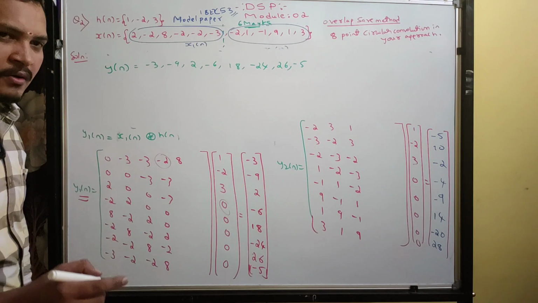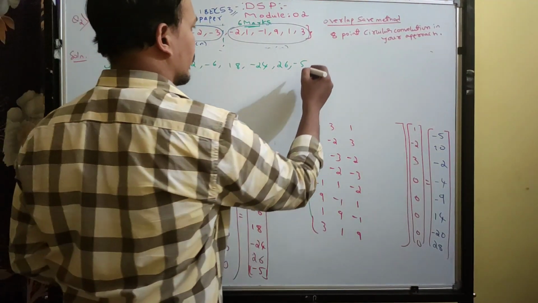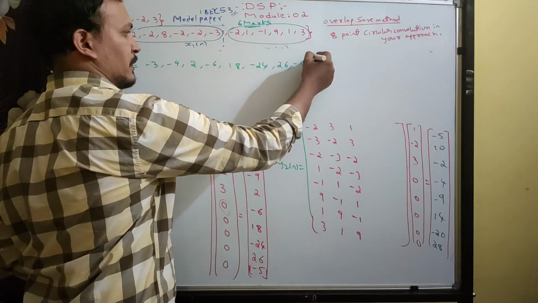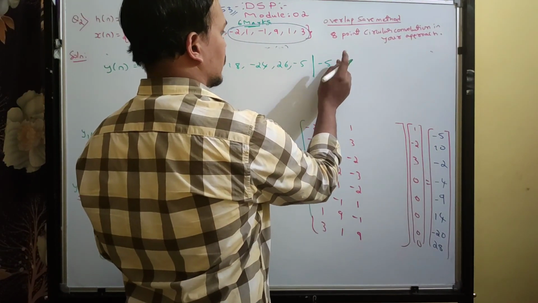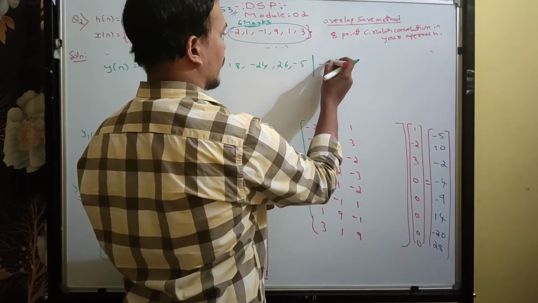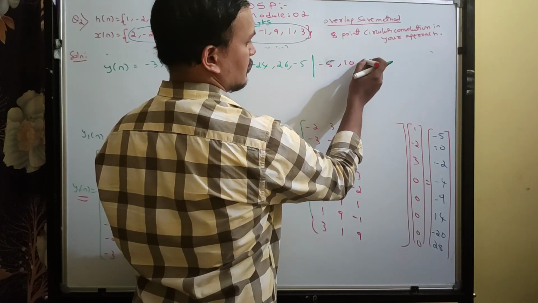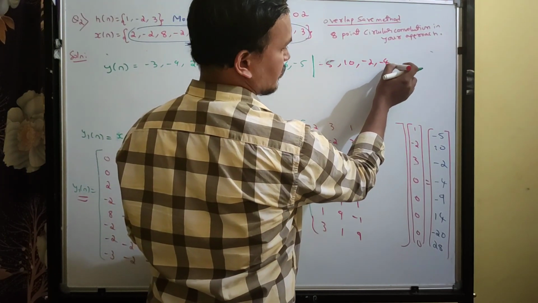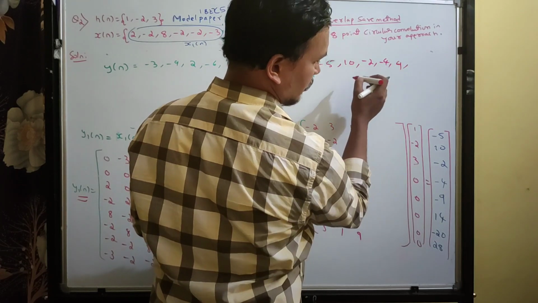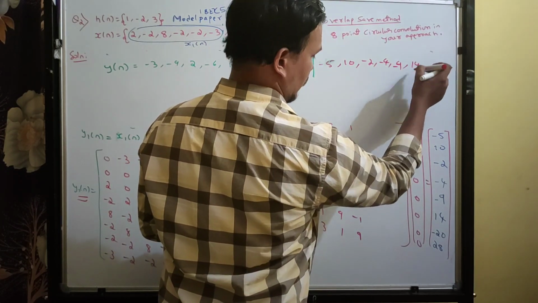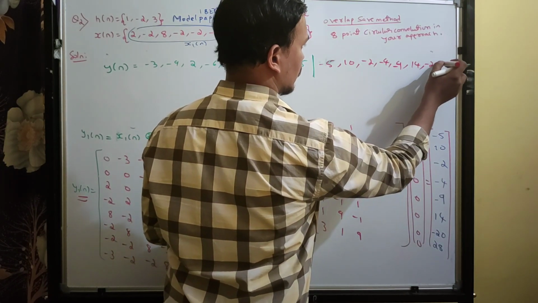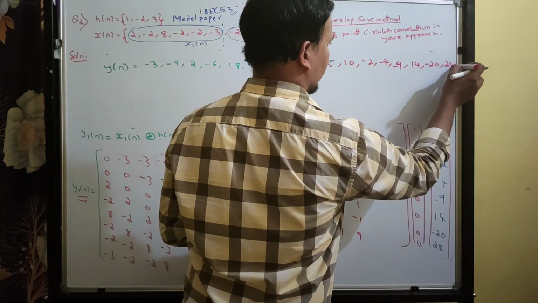This is the y1 of n output. Next you put one vertical line. Next you write the y2 of n output, in another color. Minus 5, 10, minus 2, minus 4, 9, sorry, minus 9, 14, minus 20 and 28.